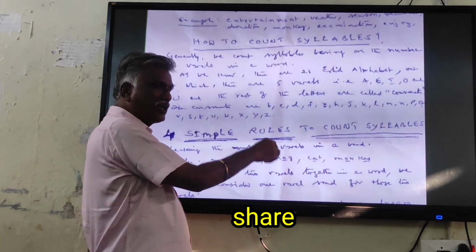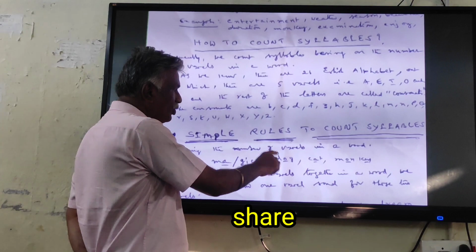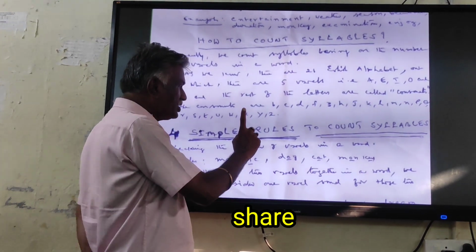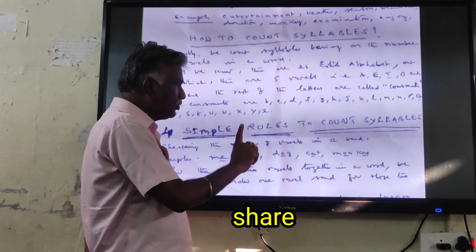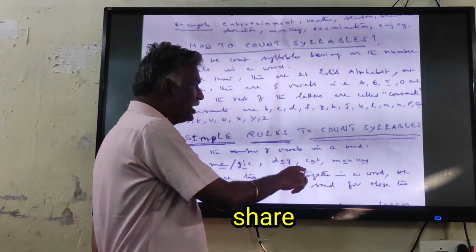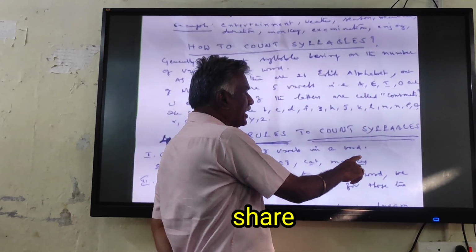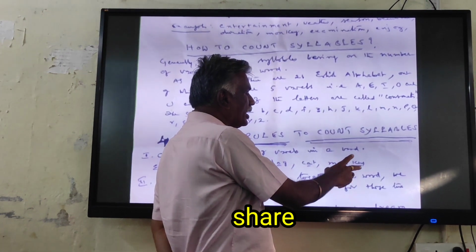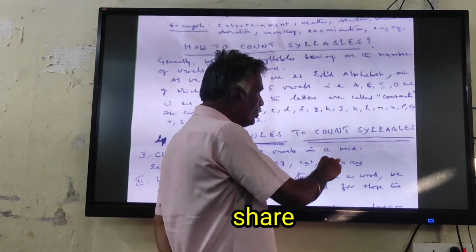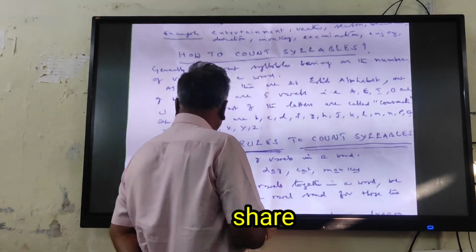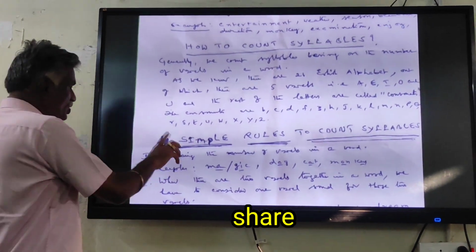Like that, take dog. Here is O, it is a syllable. So there is only one syllable. Cat, A is there, it has one syllable. Monkey, O, E, it has 2 syllables. There are 2 vowel sounds. That is the first rule.